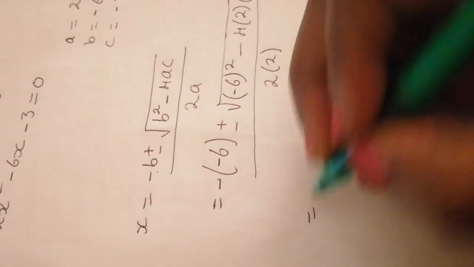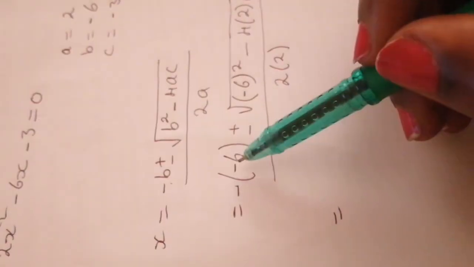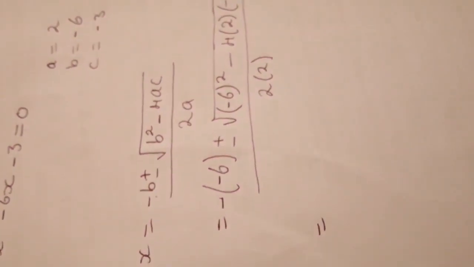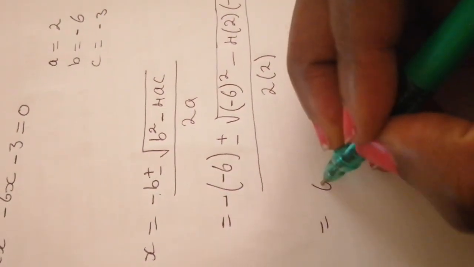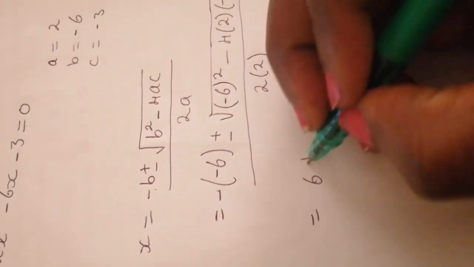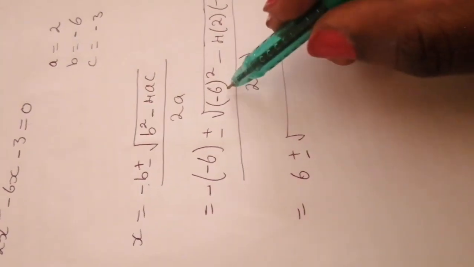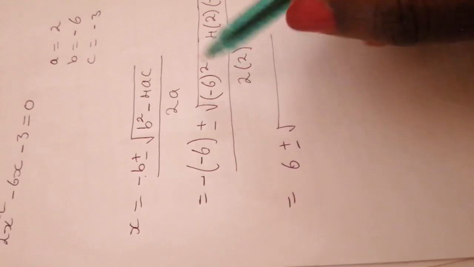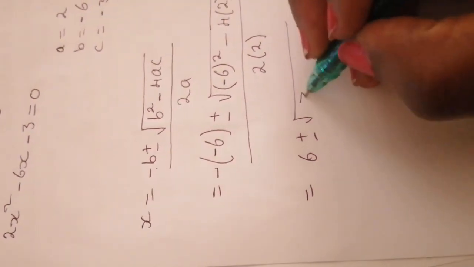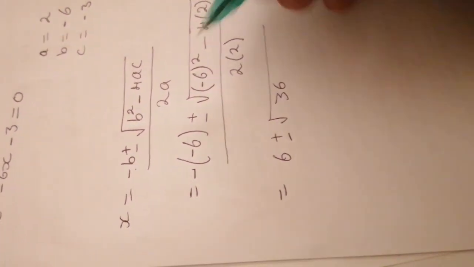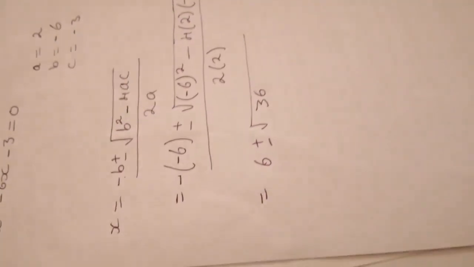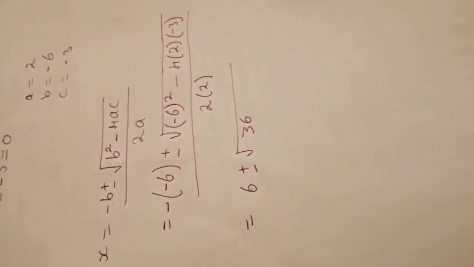Evaluating, we have negative times negative 6, giving us positive 6. Okay, plus or minus square root of negative 6 times negative 6 will give us positive 36. This means 6 has to multiply itself twice, 6 times 6.